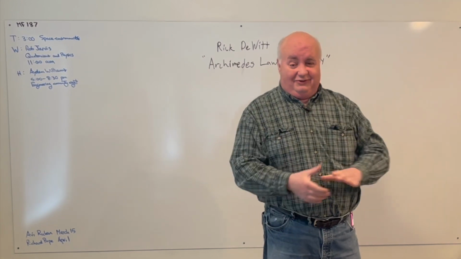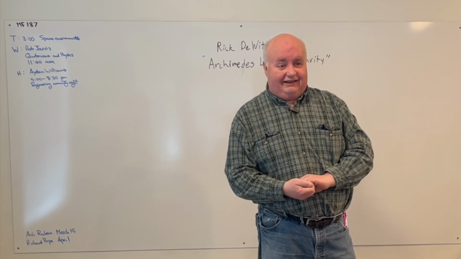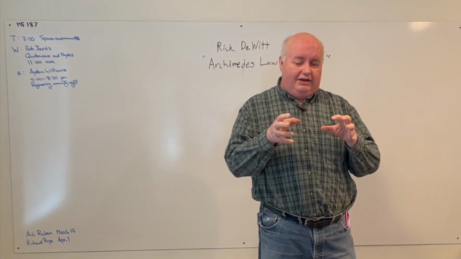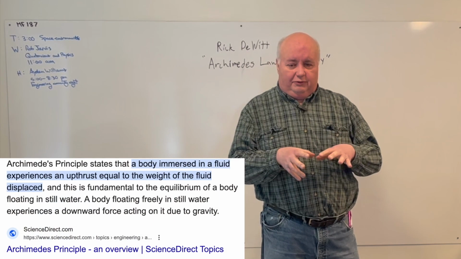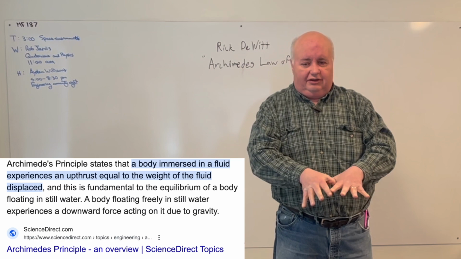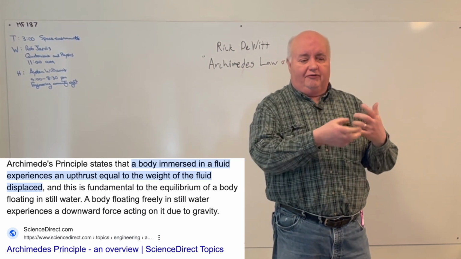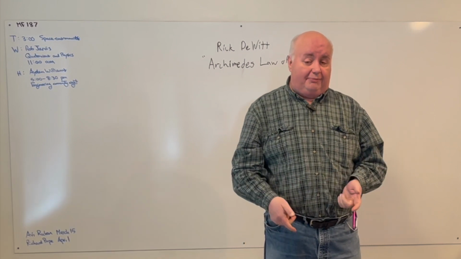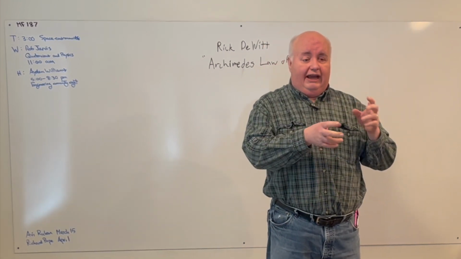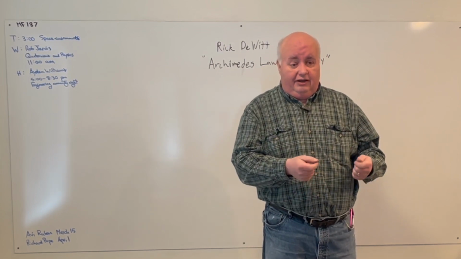And he ran through the town naked, yelling, "Eureka, Eureka," because he had figured out that the way to measure volume was that you could dunk a body into water and watch how much water was displaced, and that would give you the volume of an irregularly shaped object. He could now find the volume of the crown, and then he could weigh the crown and get the density of the crown.